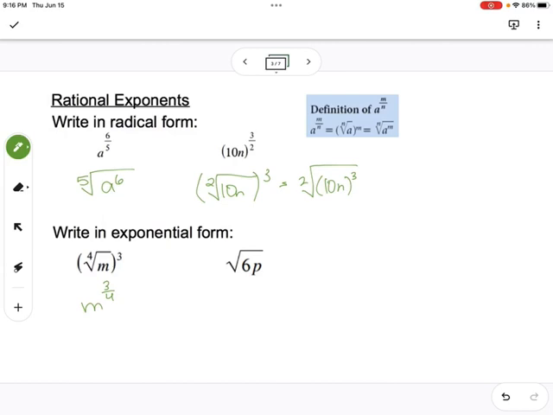Now, when we don't have a number outside of the root, that number is a 2. Also, we know that if we don't have an exponent, there is an invisible 1 there. Okay, so this gives us 6p to the 1/2.